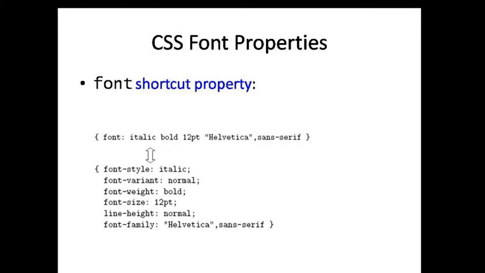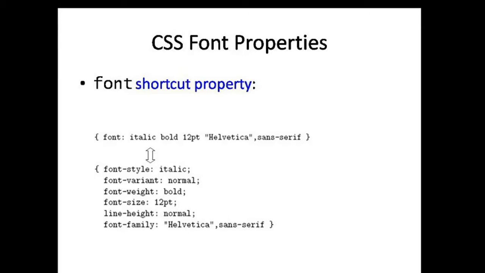Now font shortcut properties can also be given. If you want to give the whole thing as a separate CSS block, then what will you do? We will provide font style italic, font variant normal, font weight bold, font size 12 pt and line height normal, font family Helvetica and sans serif.